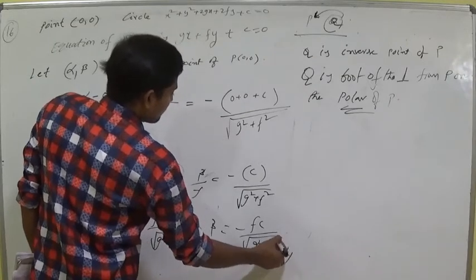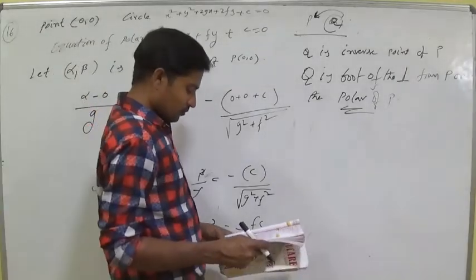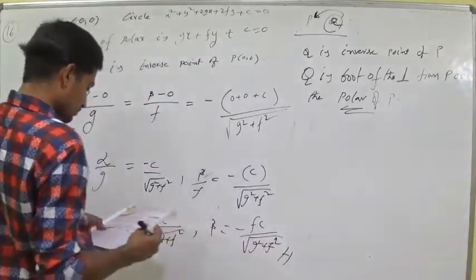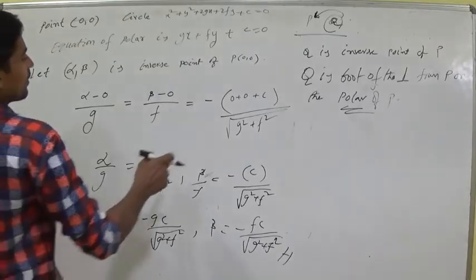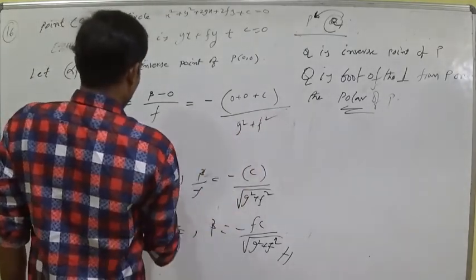Clear? We won't get the square root here, it's g square plus f square only.